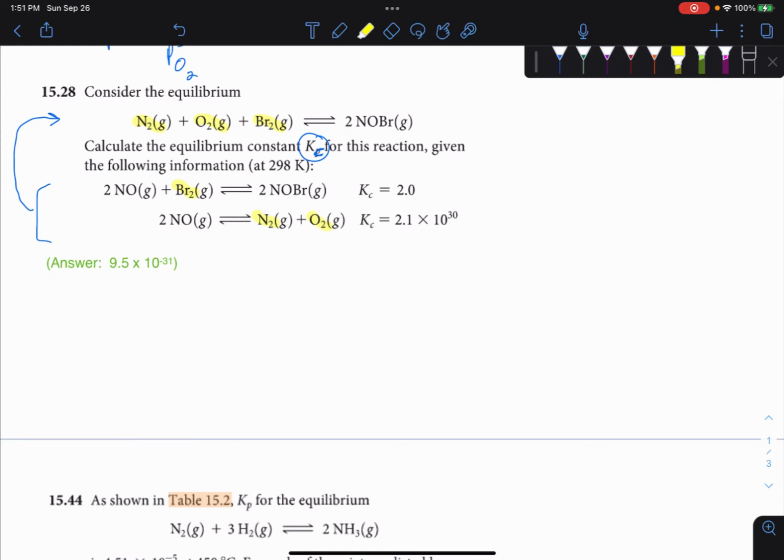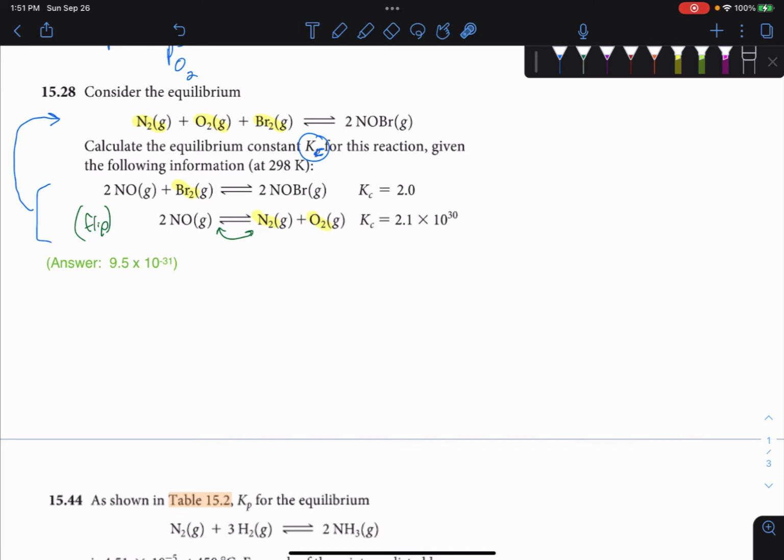Well, what that suggests to me is that I'm probably going to have to flip, actually, I know I'm going to have to flip that second one, right? I want to get these things on the other side so that they match up with my target expression.